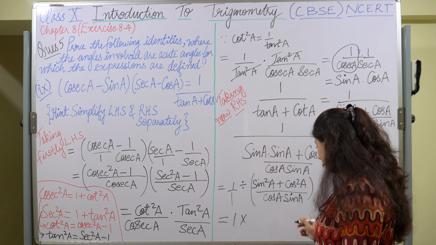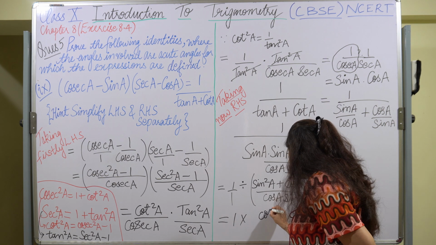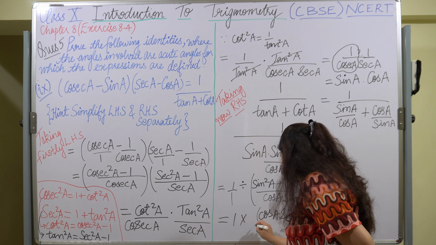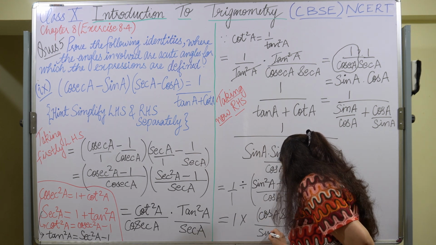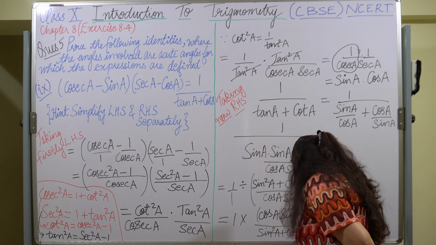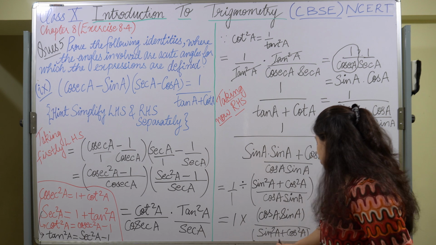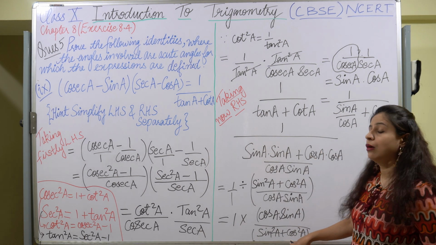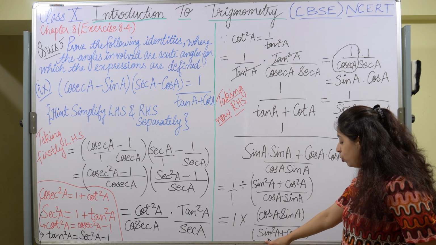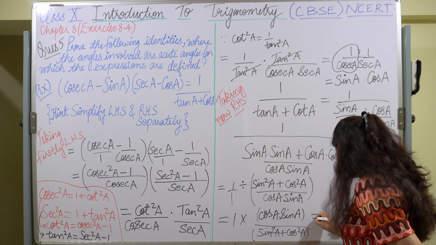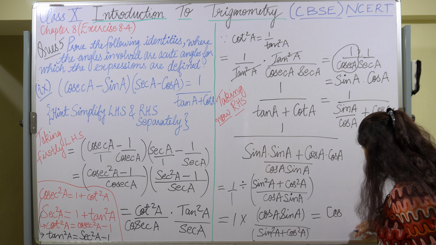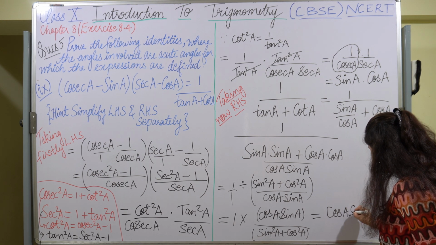So it will become cos A sin A upon sin square A plus cos square A. Now sin square A plus cos square A is equal to 1 according to the identity. So ultimately we are left with cos A and sin A.